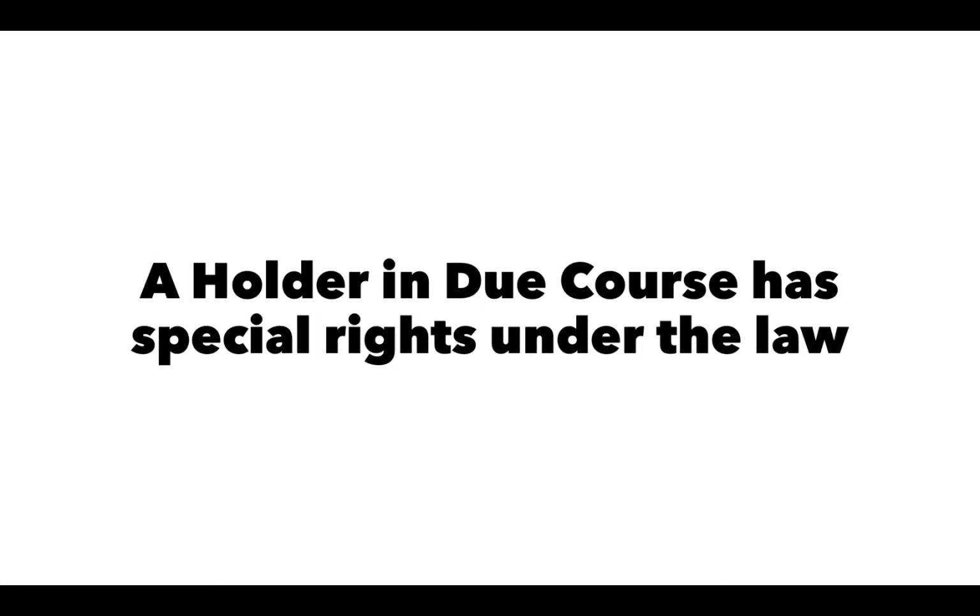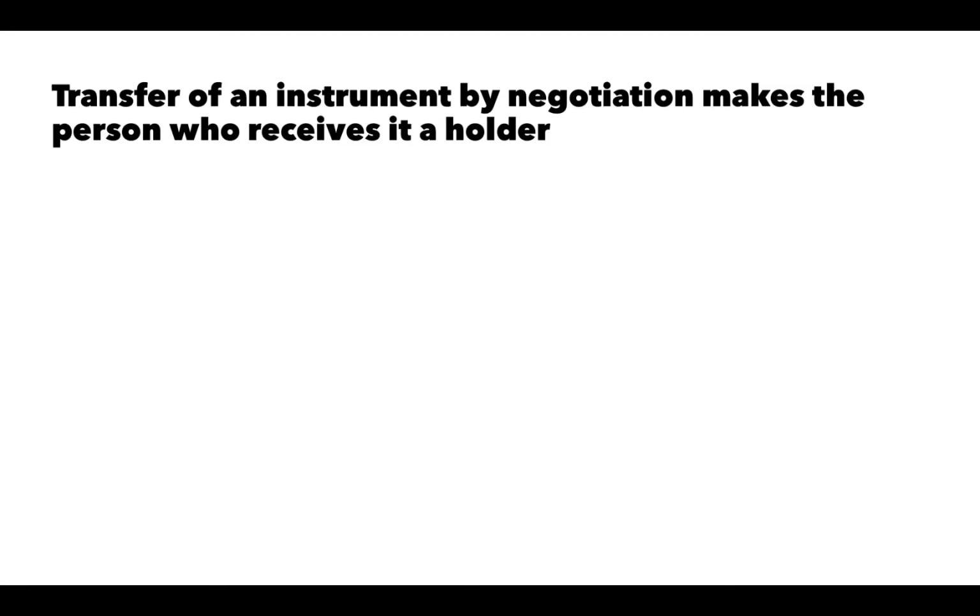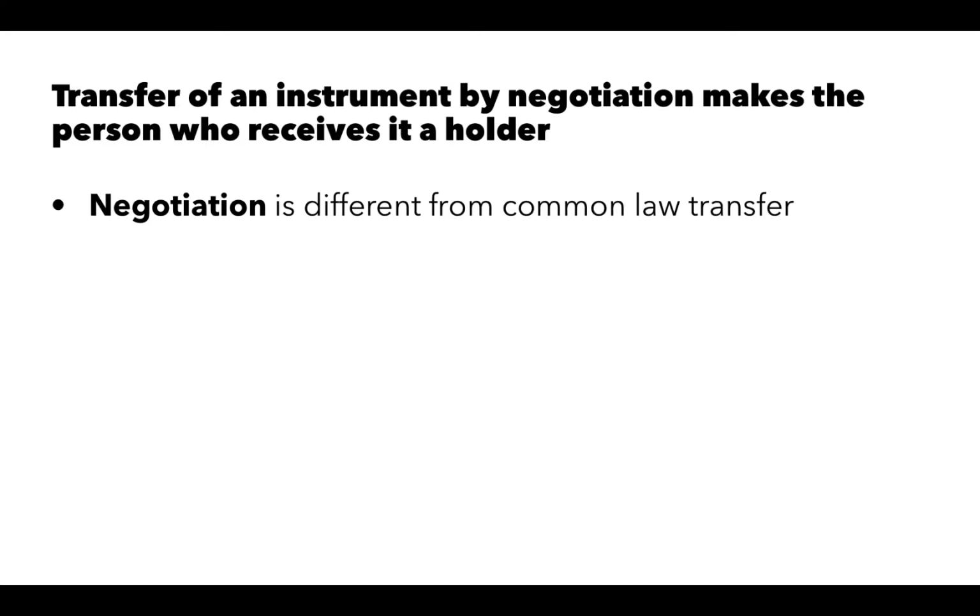Now, we know that a holder in due course has special rights under the law. A transfer of an instrument by negotiation makes the person who receives it a holder. And remember, negotiation is different from common law transfer. For common law transfer, the transferee becomes the assignee.